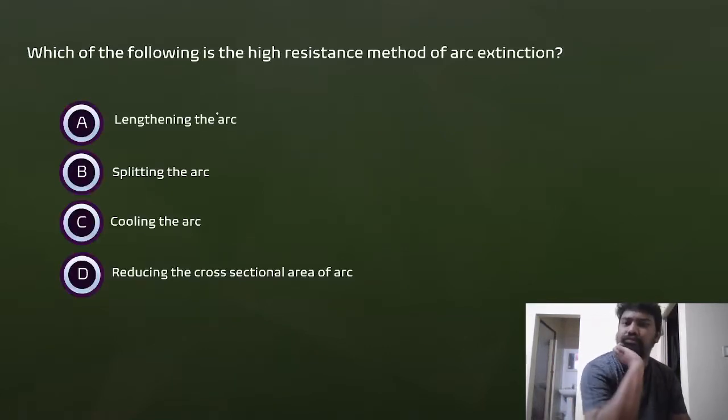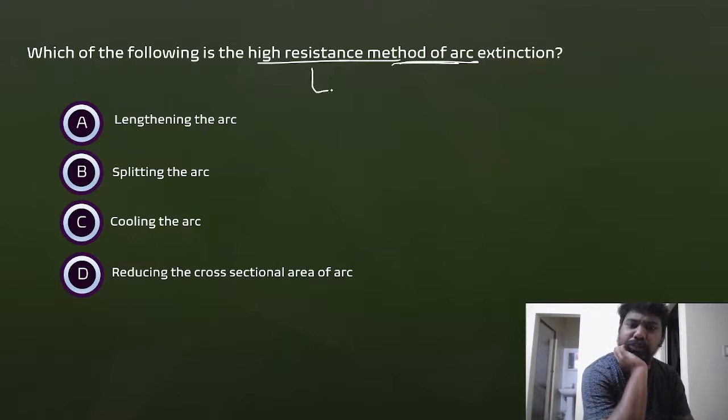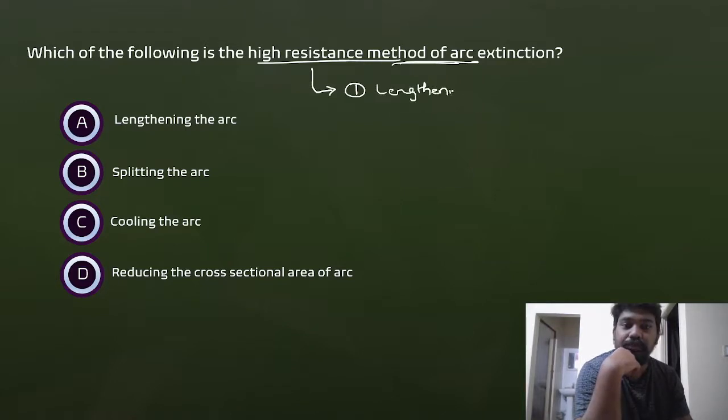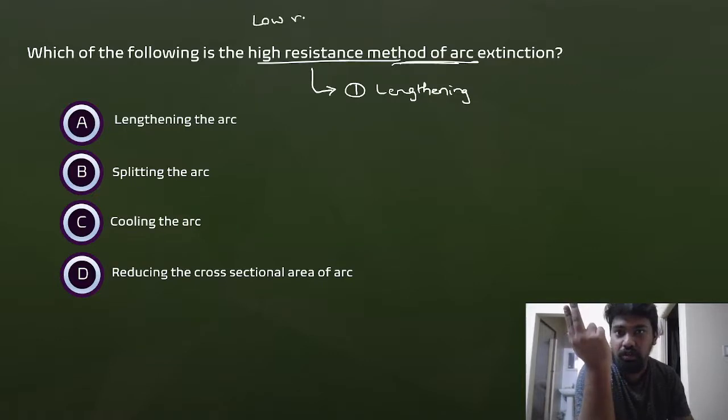Then next, which of the following is the high resistance method of arc extinction? Okay. He is asking regarding which of the following is the high resistance method of arc extinction. For arc extinction, we have the high resistance method and the low resistance method.